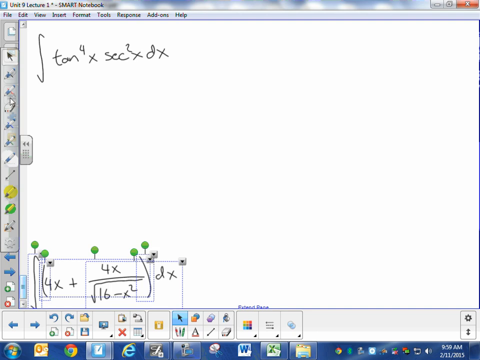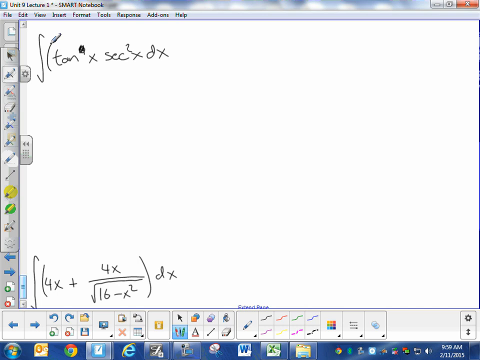Tangent is correct. Because this is tangent of x to the 4th power, and I can see that this is the derivative of tangent, so this is g prime, this is g, this has got to be f. So set u equal to tangent. And go from there.